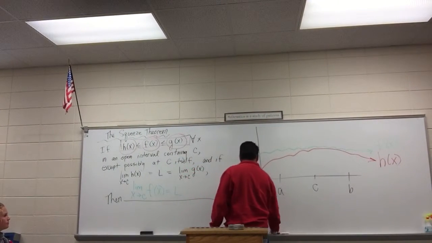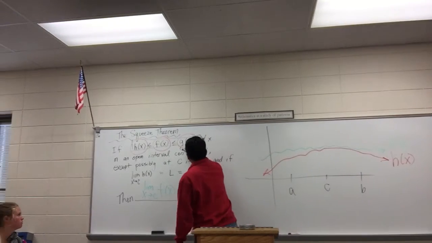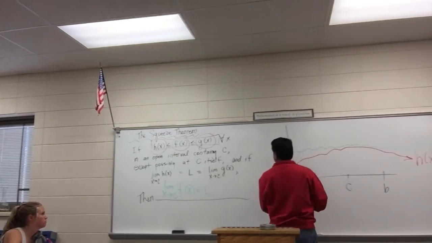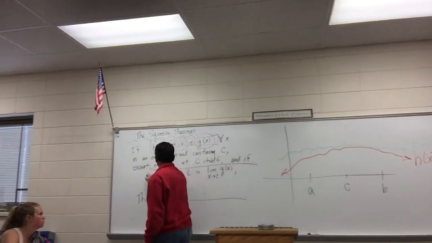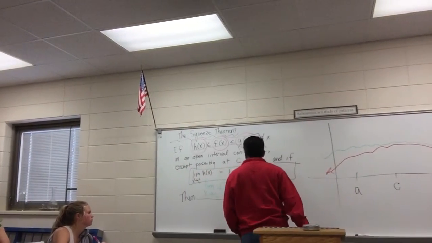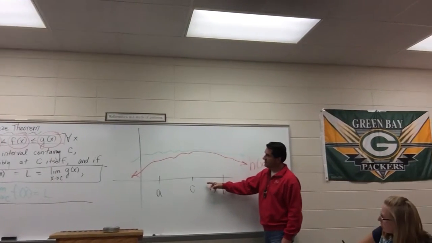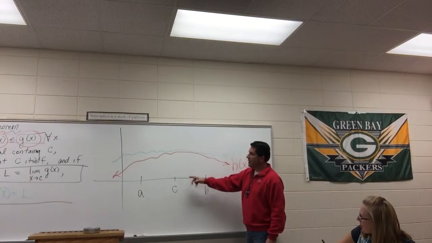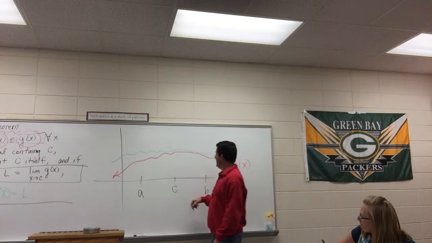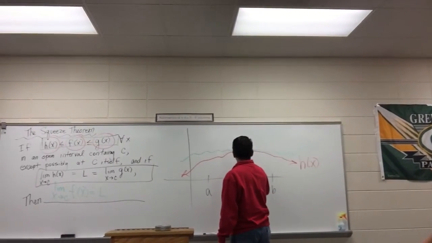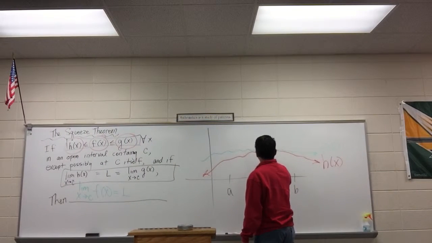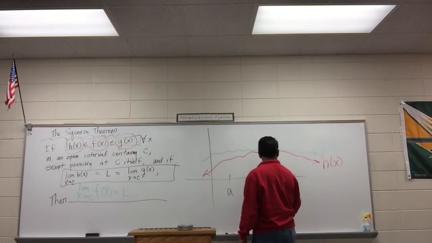And the last one, g of x has to be greater than this, but then I got to look ahead and I got to see this. And the limit as x approaches c of h of x and g of x is both L. Is it supposed to be a, b, c?